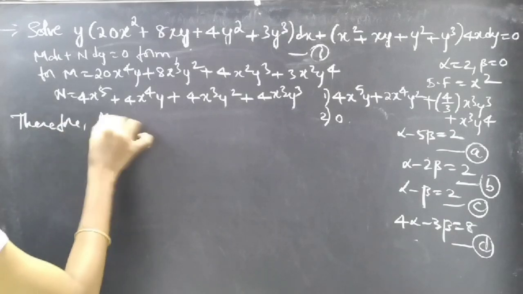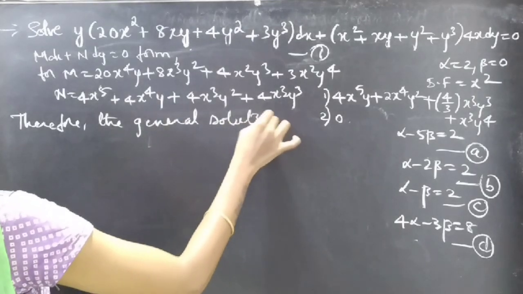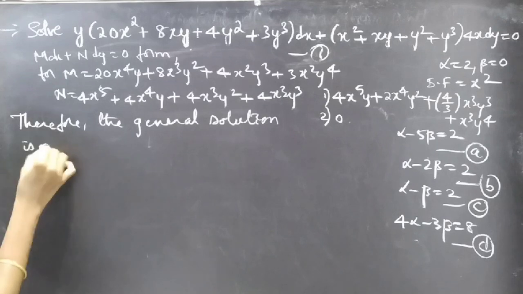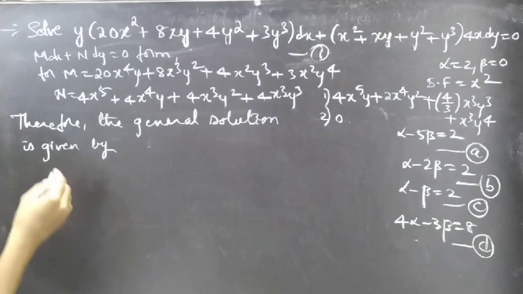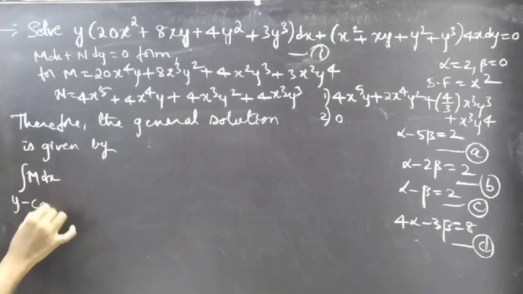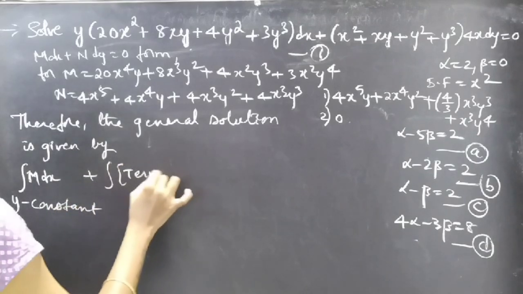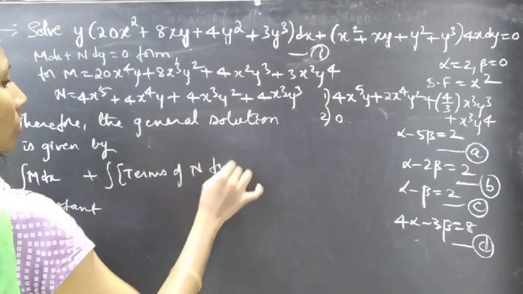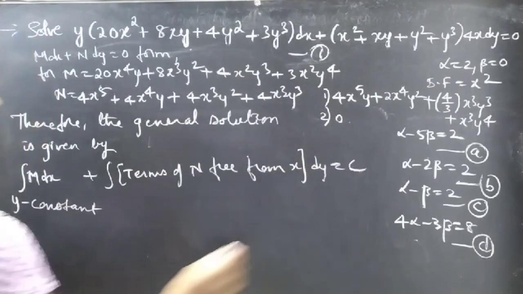Therefore, the general solution is given by integral M dx, treating y as constant, plus integral terms of N free from x into dy equal to c.